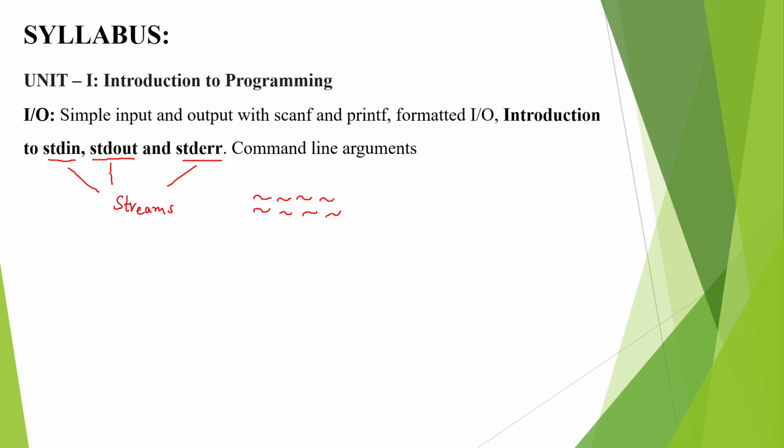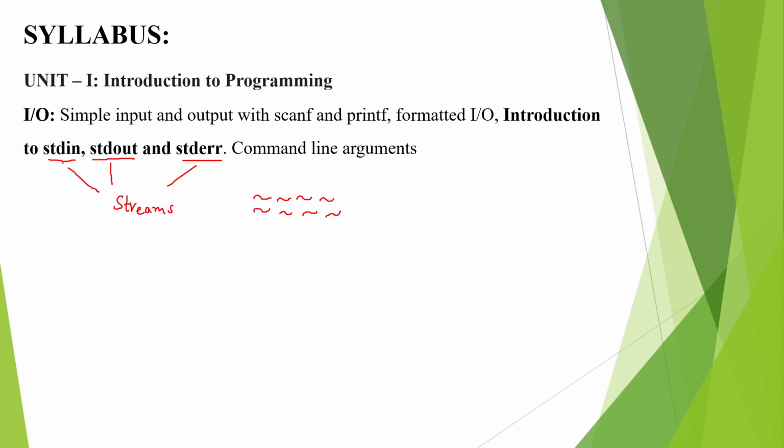We call them streams because after origin the data will not stand at one location. Obviously it will flow towards some other location, isn't it? As you can see, the standard input is the originator of data.